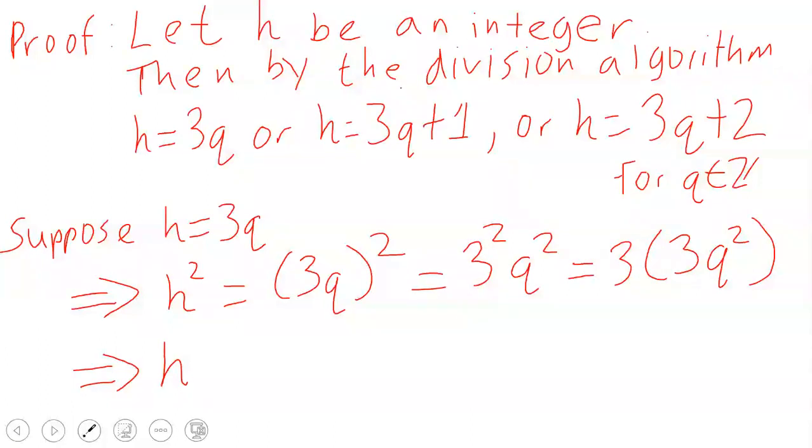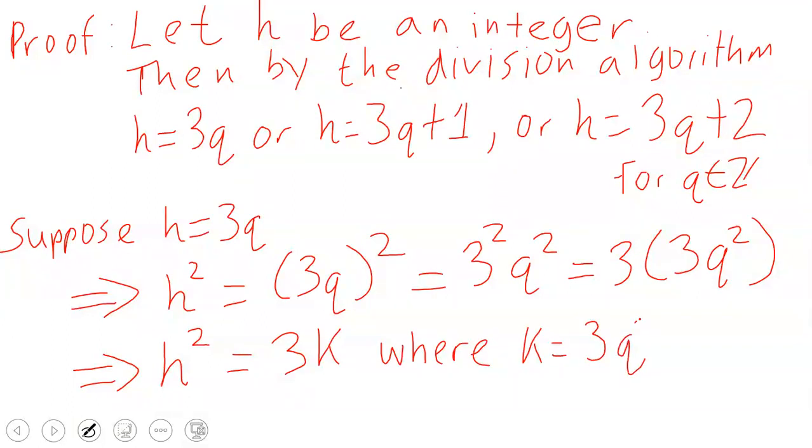So I just wrote it a different way, and I wrote it specifically like this so that it could look like the form that we are trying to achieve. Therefore, h squared is going to be equal to 3 times k, where k equals 3q squared.